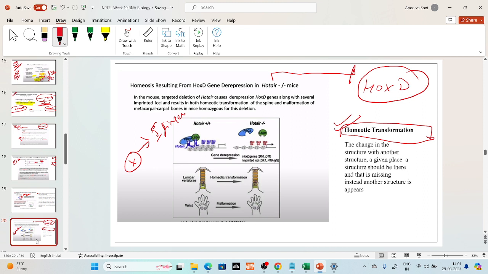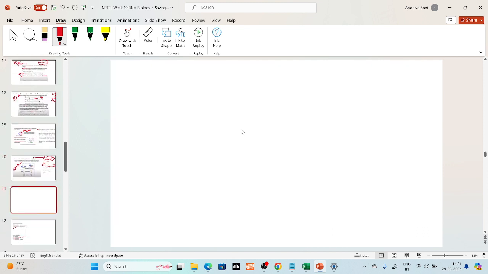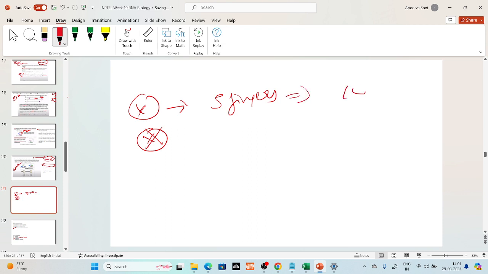I'll just explain very briefly. If a particular gene X is responsible for the development of five fingers, and there are two copies of this X, one has to be repressed, otherwise ultimately you will have 10 fingers. Each will produce five.